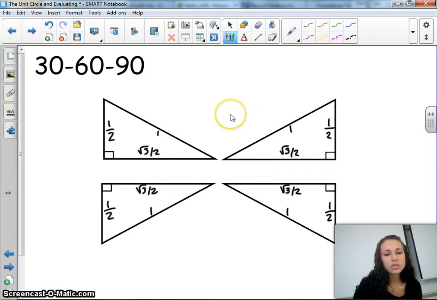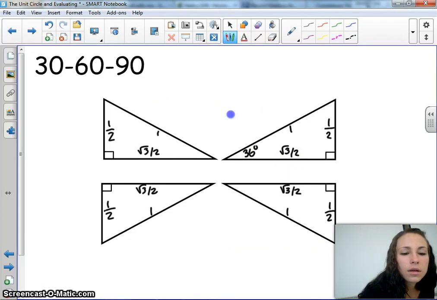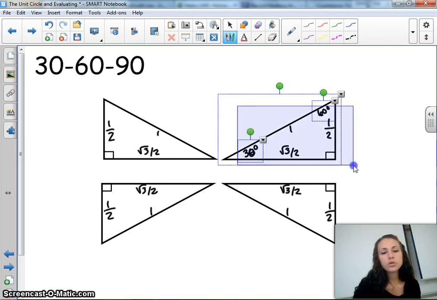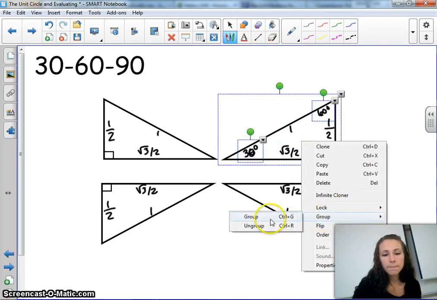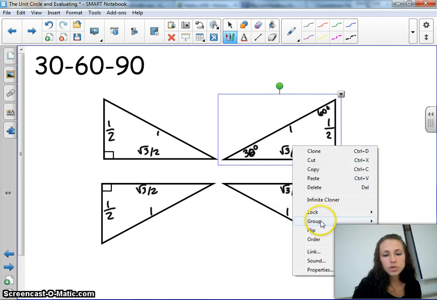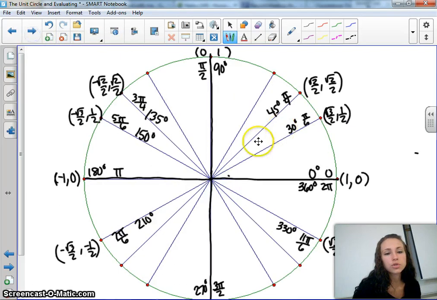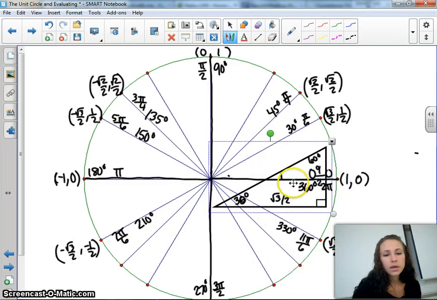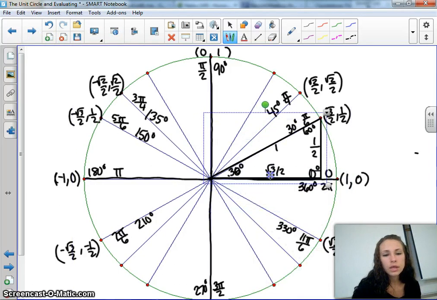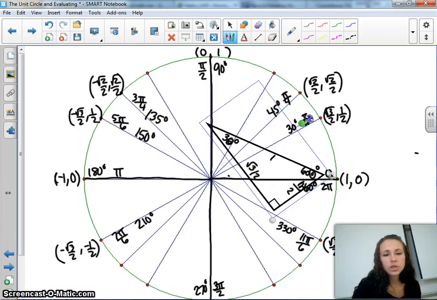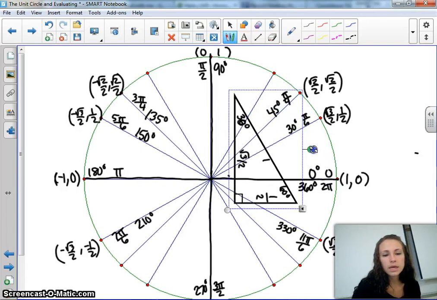And so you're going to use the same angle. I'm going to go ahead, that's 30, this is 60. You're going to use the same triangle. And this time you're just going to rotate it. So I'm going to show you how you would use this on your unit circle. So you take your 30, 60, 90, and you did use it like this, but now you're going to use it where it's turned up on its side like this.